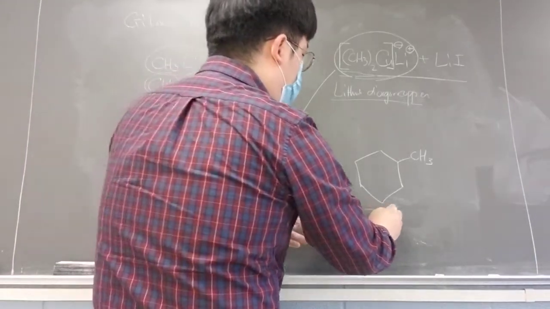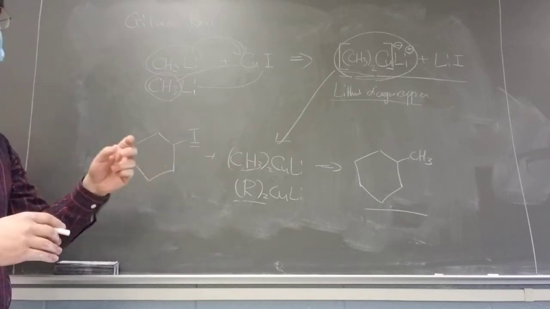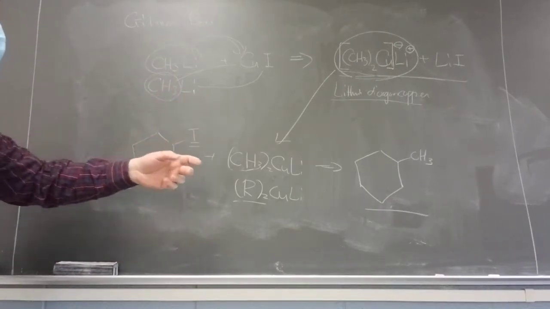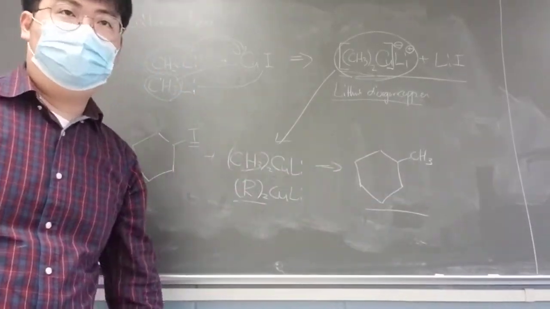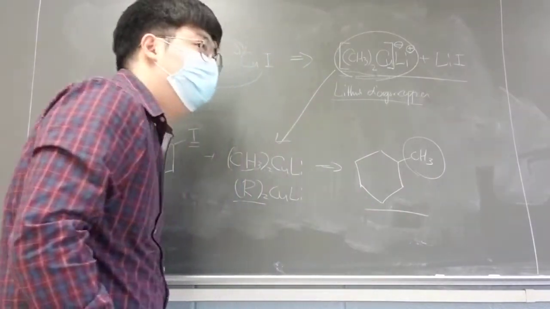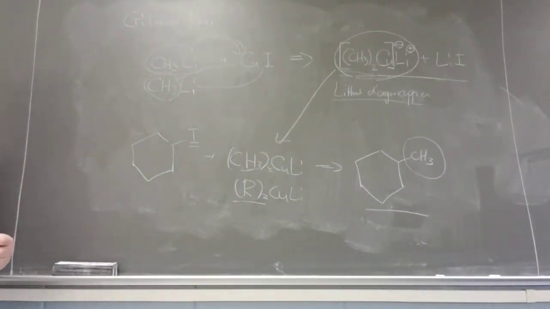Now in the product that will be replaced by that R group, in this case, methyl. So this iodide group will be gone and replaced by a methyl group. So this is the very famous organometallic coupling reaction using the product from the Gilman reaction.